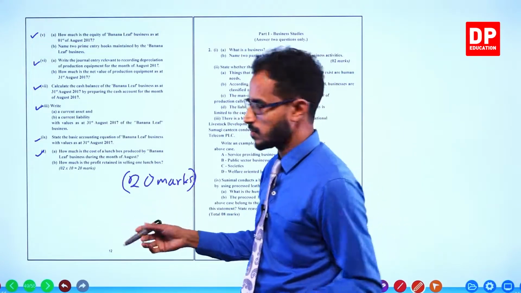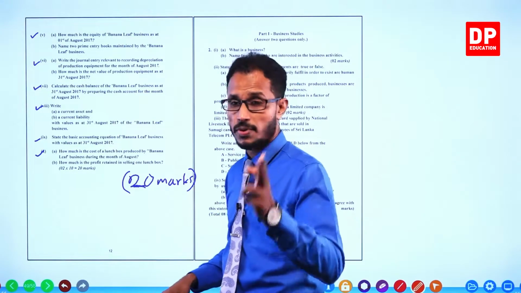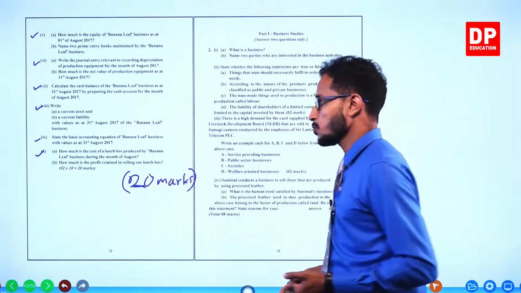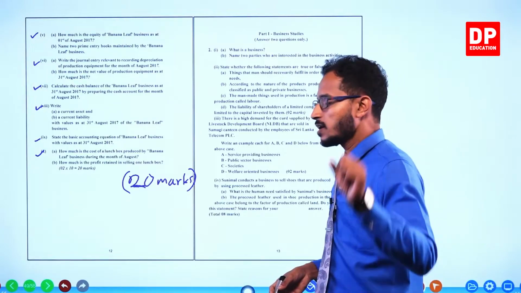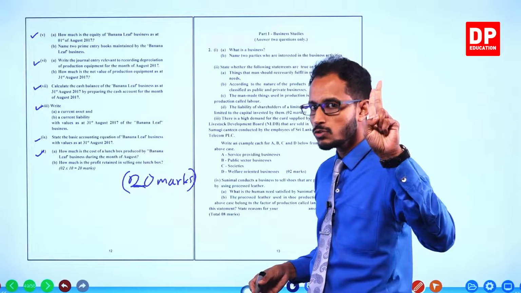We have done this even before. In the 2016 paper, I explained to you how the marks are allocated. Each part has 2 marks.